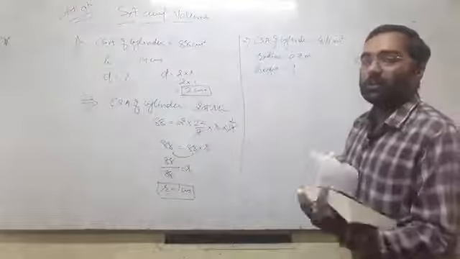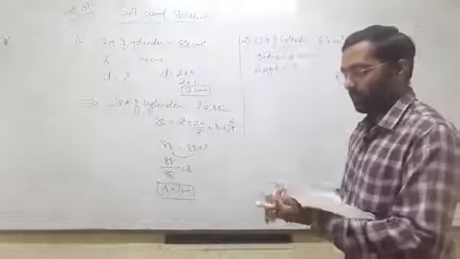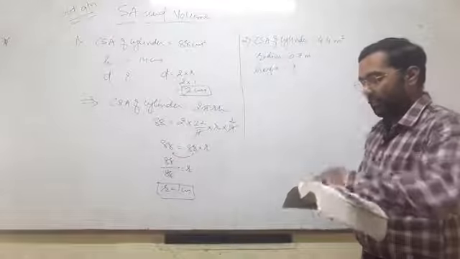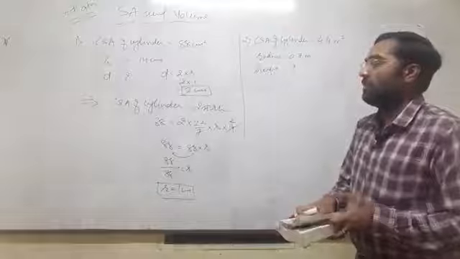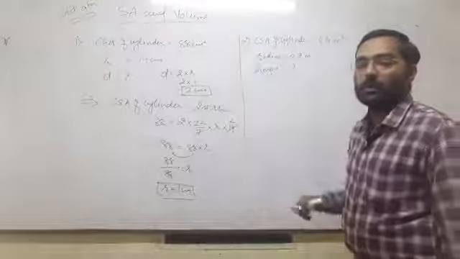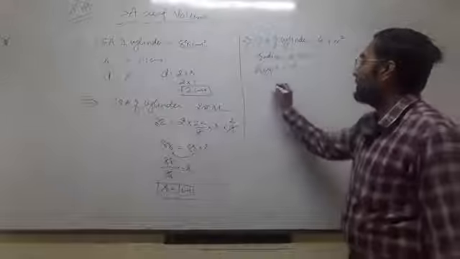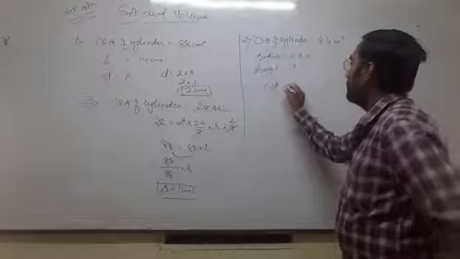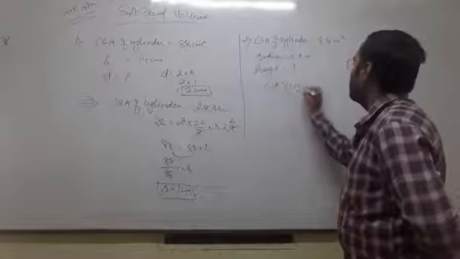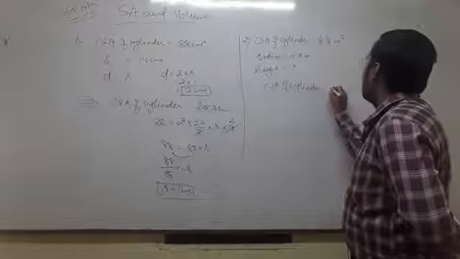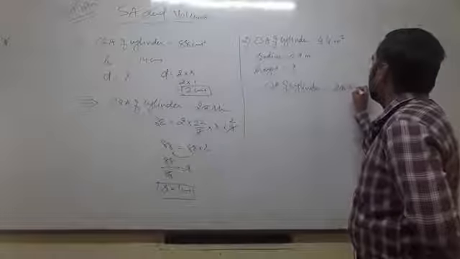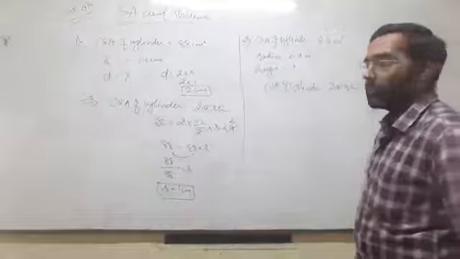So as per the previous question, we are solving the same as previous. CSA of cylinder is equal to 2 pi r h.